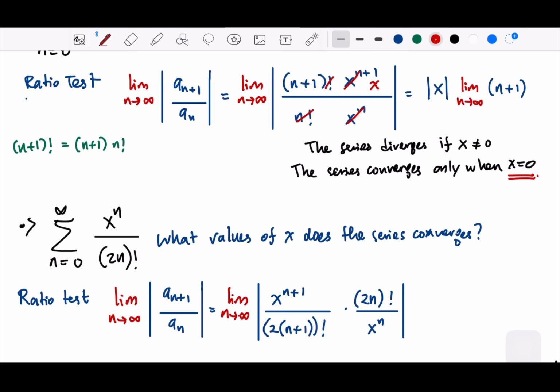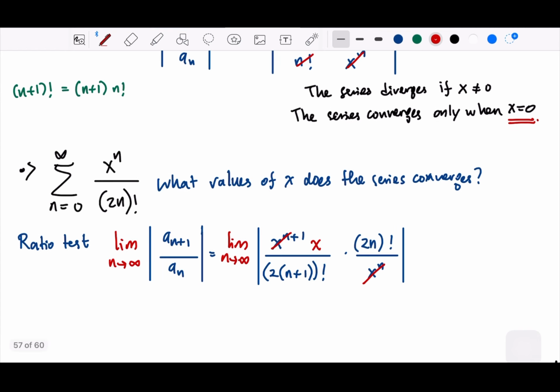Immediately we can cancel the x to the power of n. How about this factorial? Let me rephrase this in more detail. Let me factorize x outside the limit.